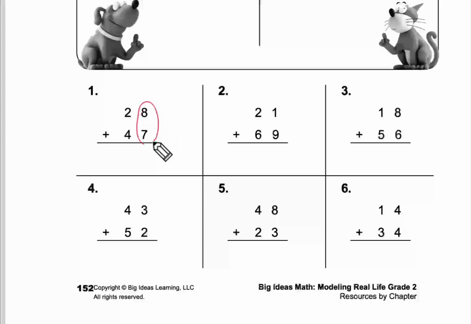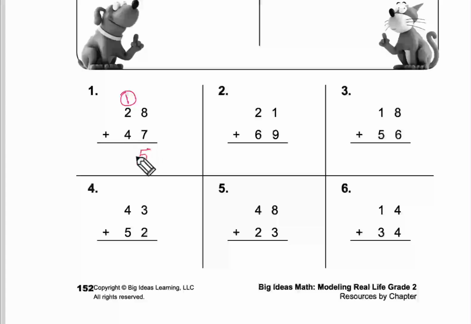Start with ones, then move to the tens. Okay, start with ones. 8 plus 7, 15. So, what should I write? 5. And then we put the 1 of the tens. 10, so we regroup.